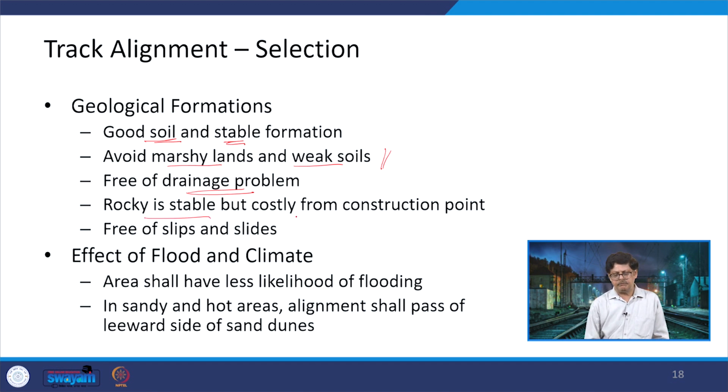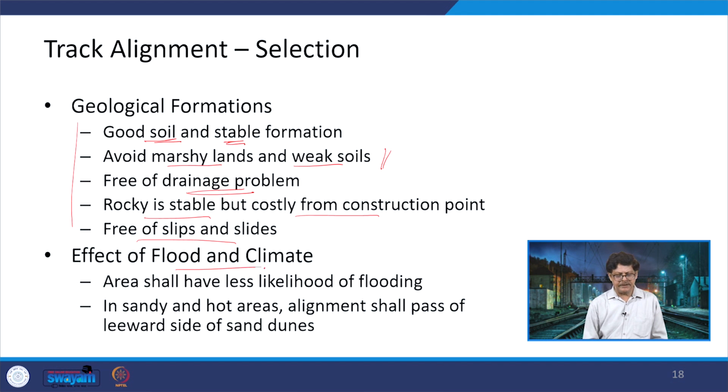Rocky ground is stable, but costly from the construction point of view, because you have to keep blasting and cutting it, which is a costly affair. It should be free of slips and slides. These are some of the features of geological formations which need to be taken care of.